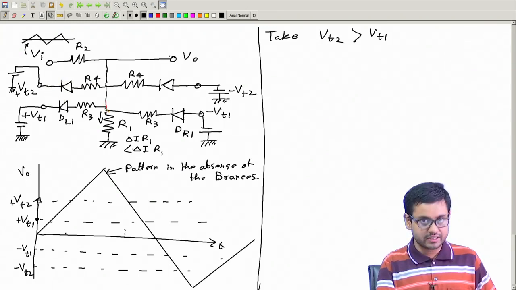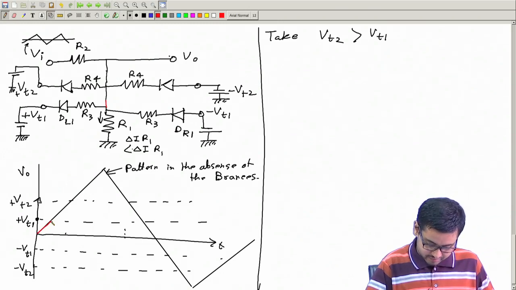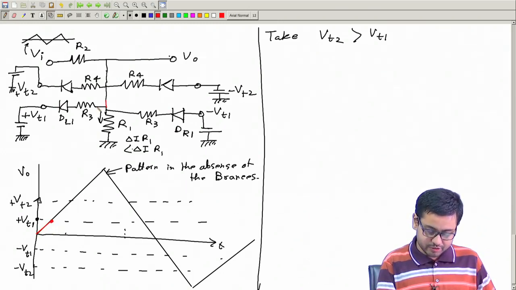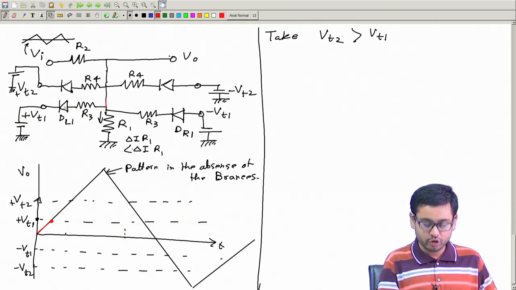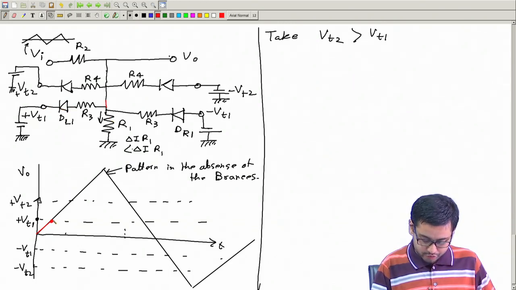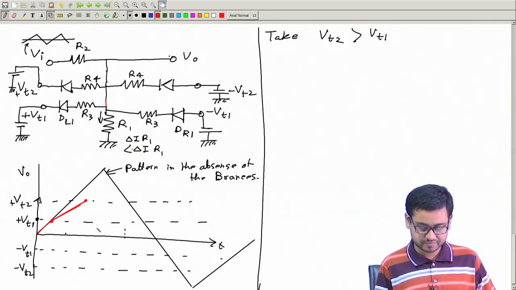Now this voltage will increase initially like this up to this point, and at this point this voltage will be more than this. So this diode will be forward biased, and this R3 will come in parallel with R1. Therefore, the rate of increase of voltage will be slower, and it will go like this.